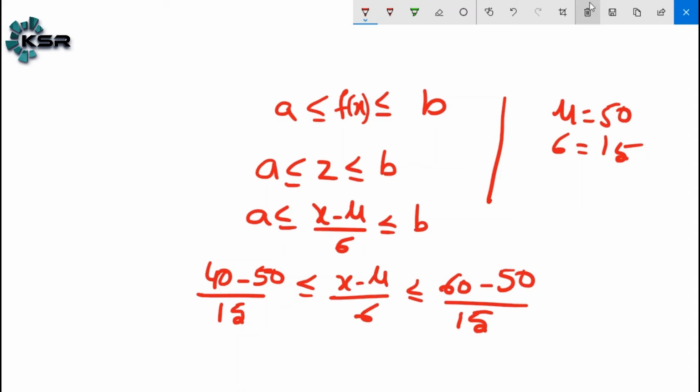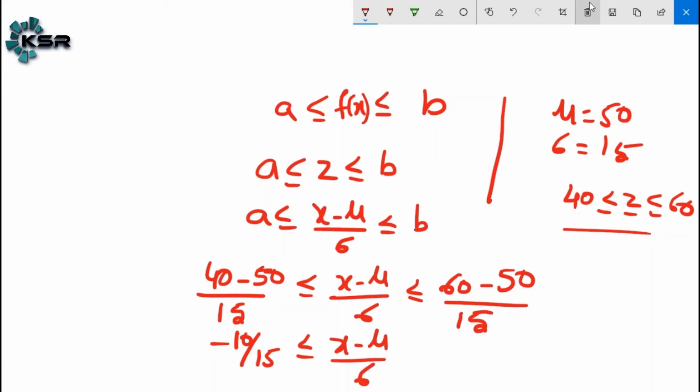Because we need the probability in between 40 less than or equal to x less than or equal to 60, so here what is the answer? Minus 10 by 15 less than or equal to (x minus mu) by sigma less than or equal to 10 by 15.